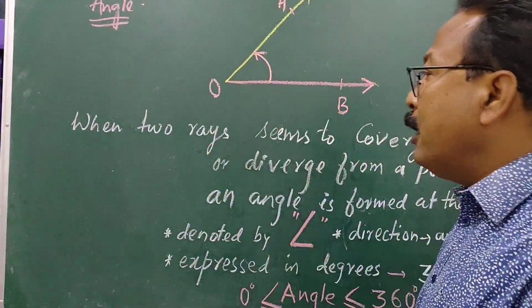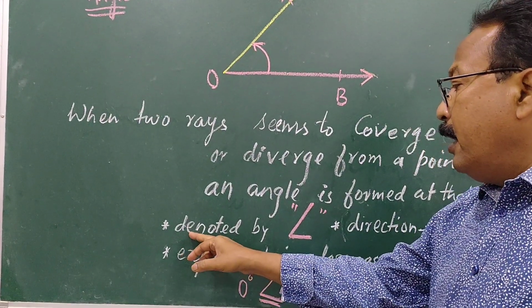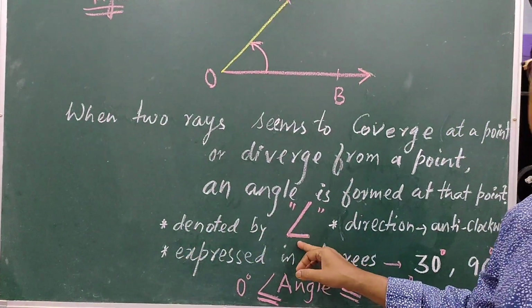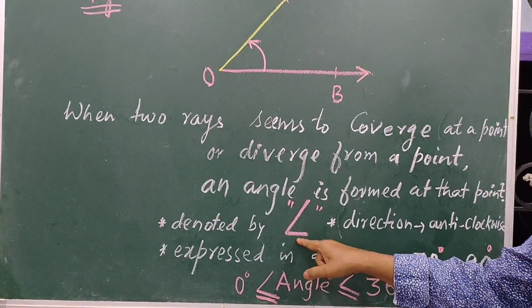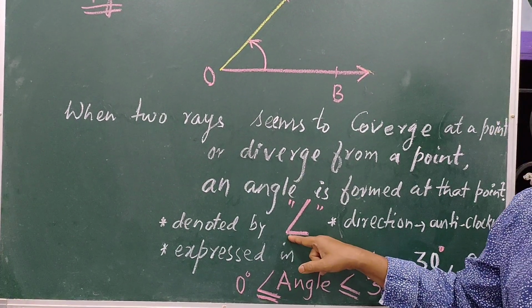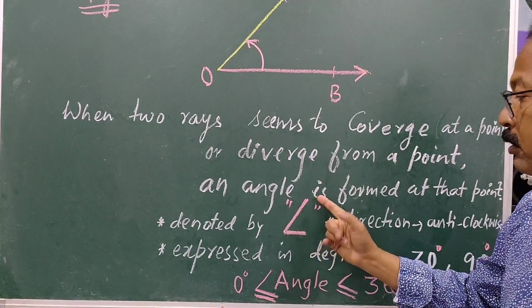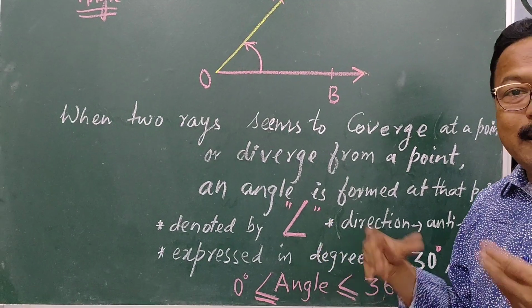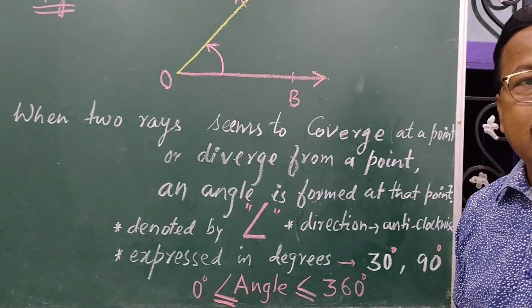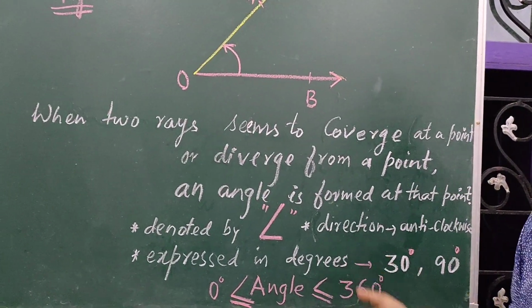An angle is always denoted by this symbol, keeping in mind that this one is horizontal and this one is oblique, and it should not be written like the less than symbol.